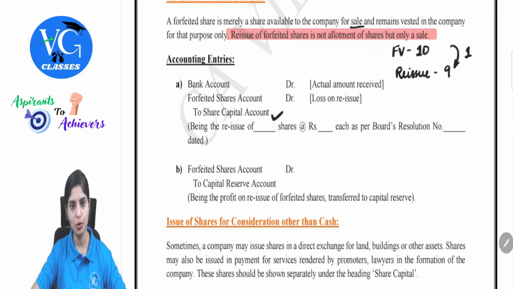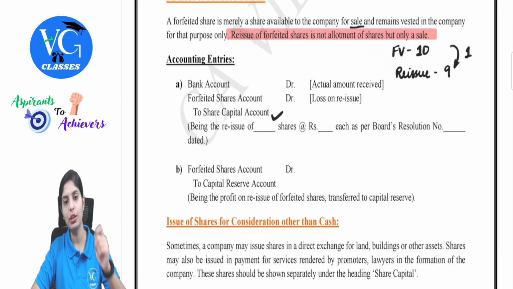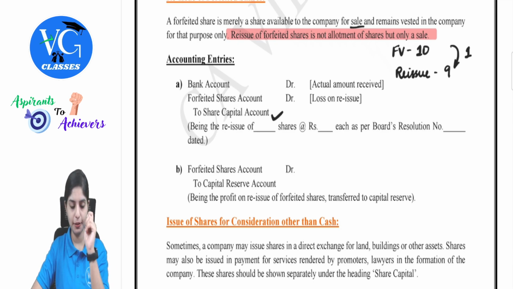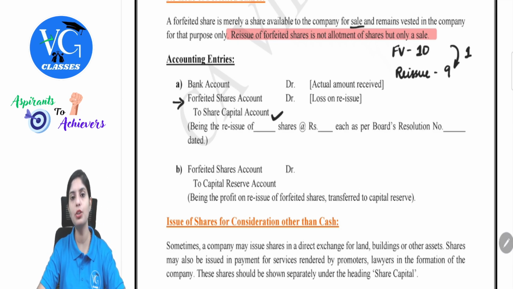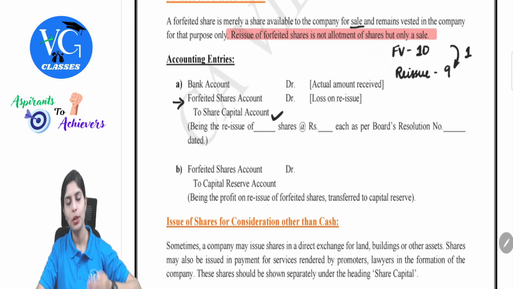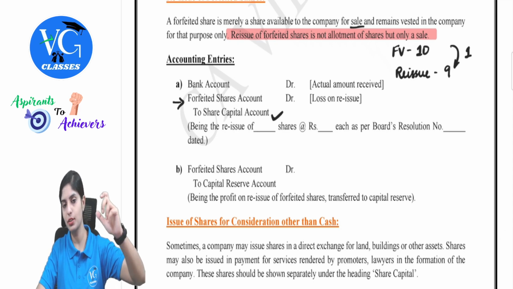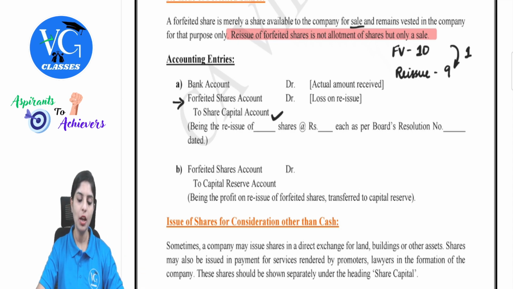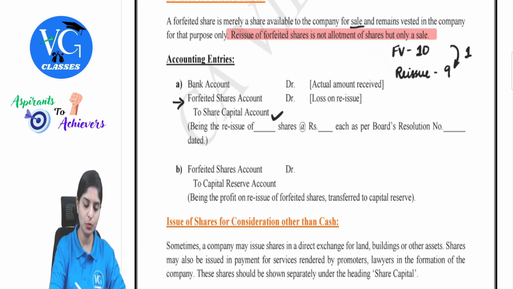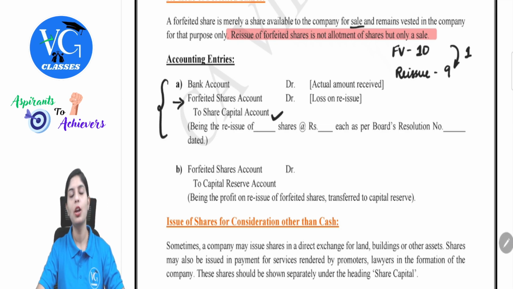So when this reissue happens at a lesser amount, this will be shown as a deficiency, transferring the amount to the forfeited shares account because you are receiving lesser. You had already had some balances transferred to share forfeiture. We will utilize that balance, so we will debit it here. So after reissue, this was a single entry for reissue. You have opened the share forfeiture account.